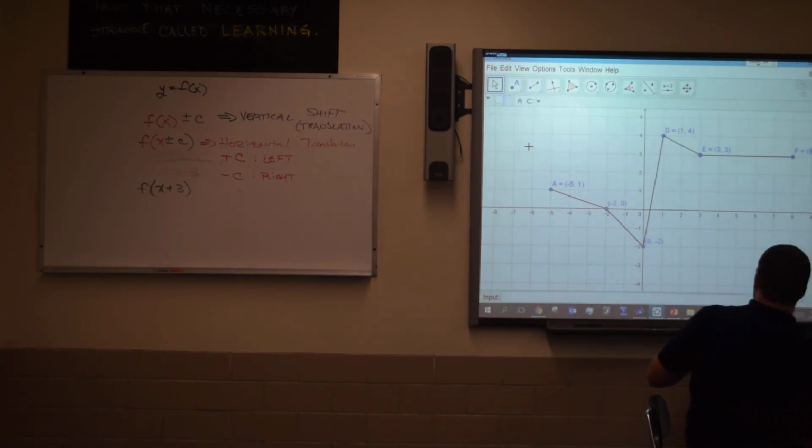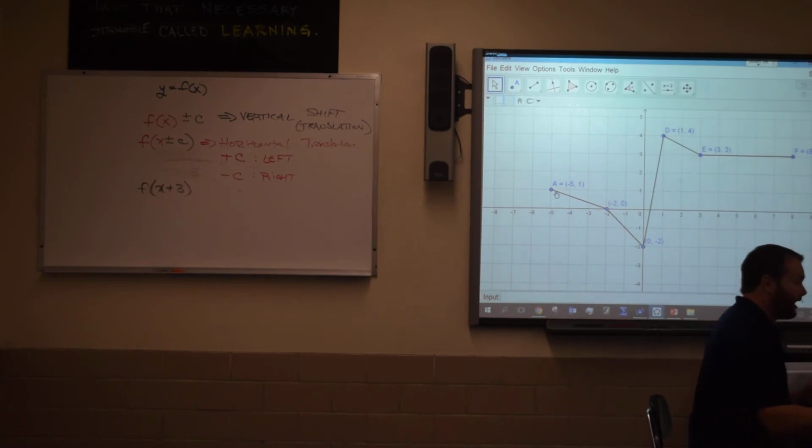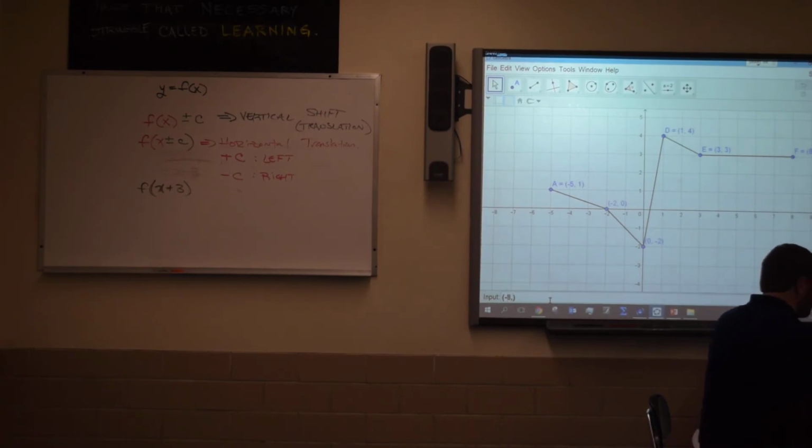So we're going to move it to the left 3. So every x value now becomes 3 less, right? So I'm going to get negative 8, and the y value doesn't change at all. So negative 8, 1. Negative 2, negative 3. I'm sorry, negative 5, 0.